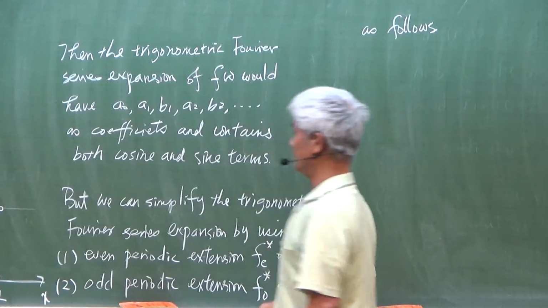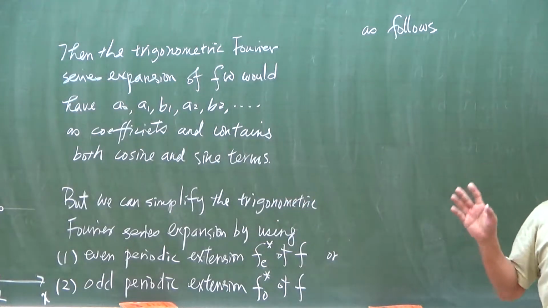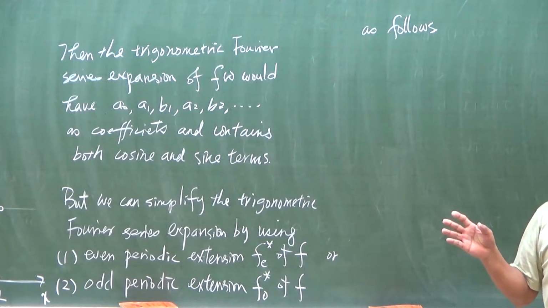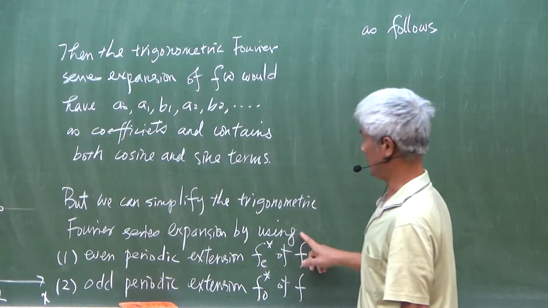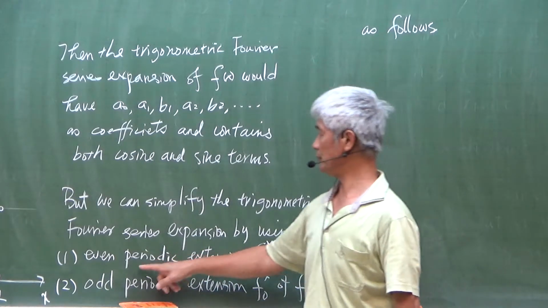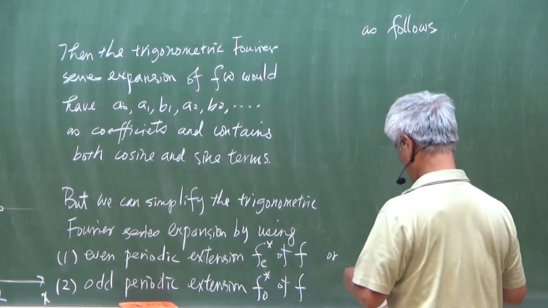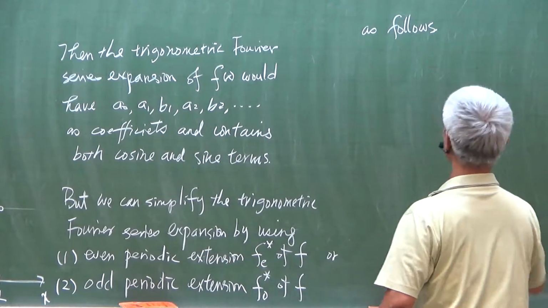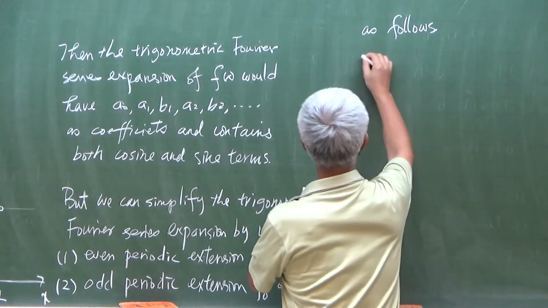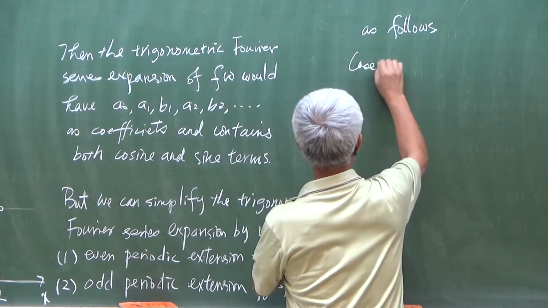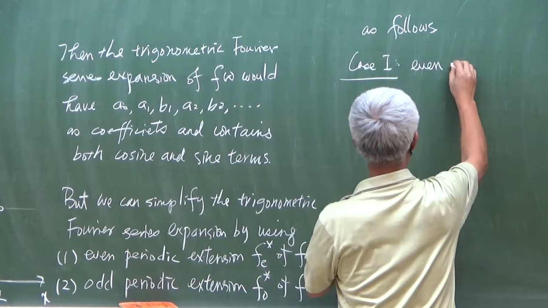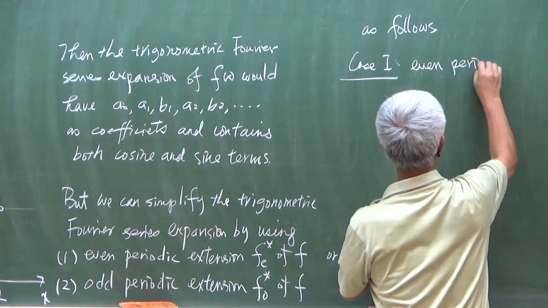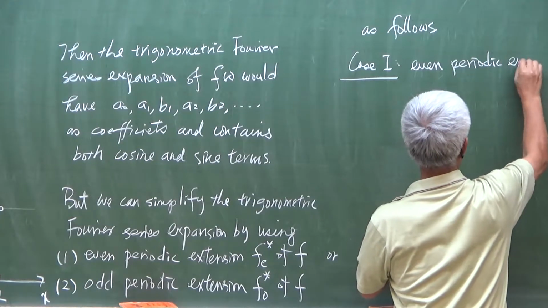Okay? And we have two other alternative choices. One is that we extend f to an even periodic function. So what is that? Well, this is one even periodic extension.